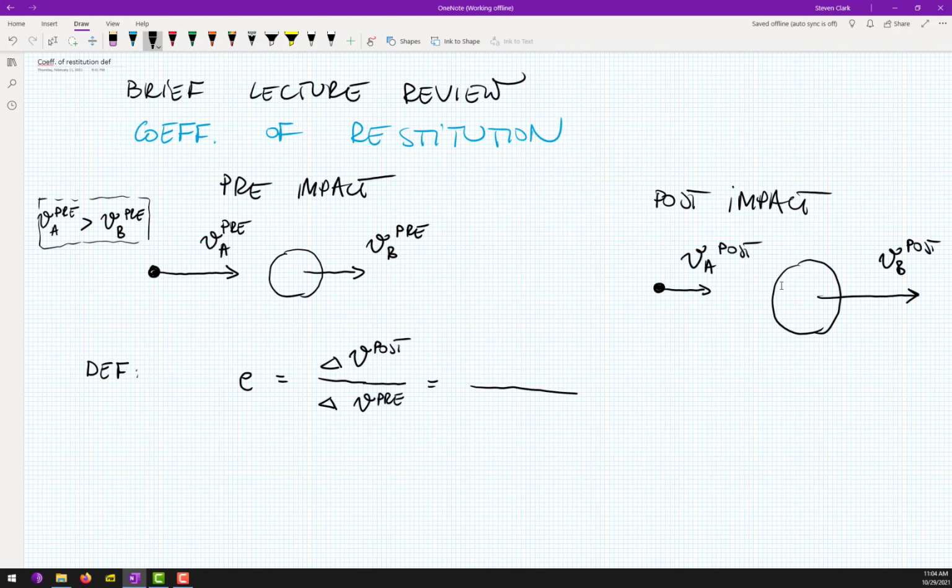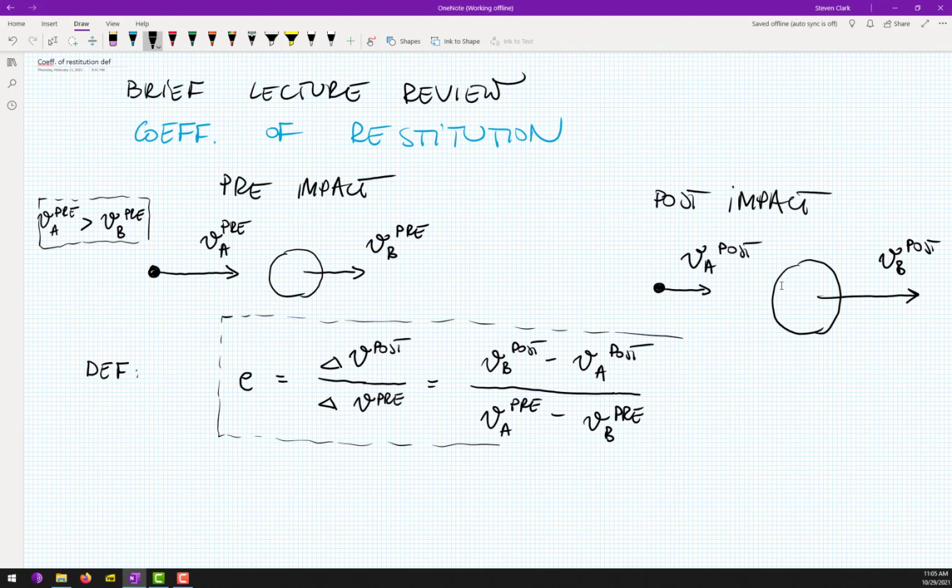This is equal to VB post minus VA post, divided by VA pre minus VB pre. And that's it. This is our coefficient of restitution equation.